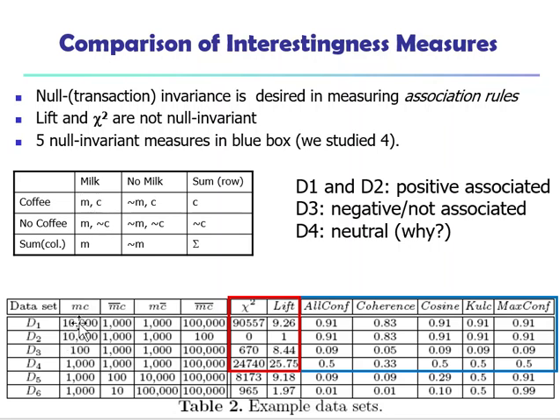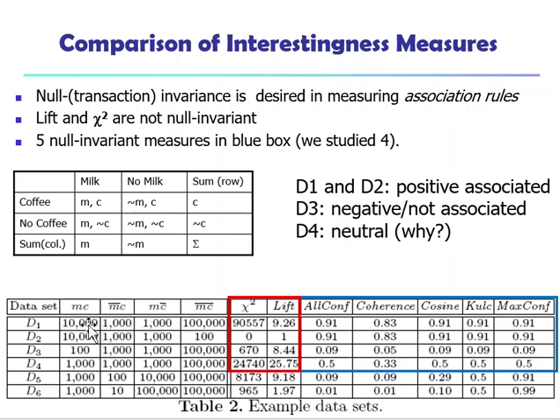Okay. So let's examine the characteristics of those 4 data sets. In the first data set, we can see the vast majority of those transactions, look at the 10,000 as compared to 1,000 here and 1,000 there, contain both milk and coffee, way more than people buying coffee not buying milk, or people buying milk not buying coffee.